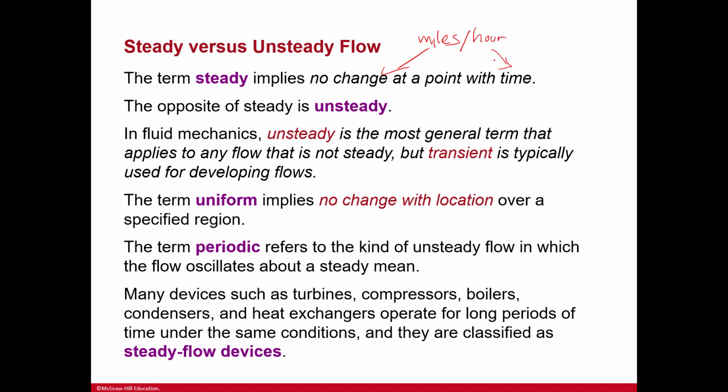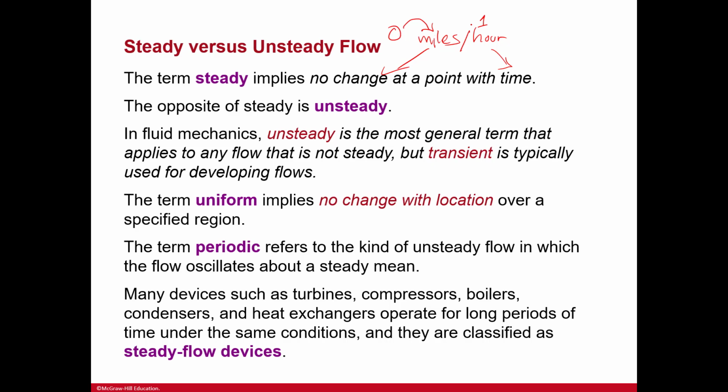If you are at 0 miles an hour, then you have no change with regard to an hour. You are going no miles per hour, which means you have no change at a given point in time. The opposite is unsteady. If you have 10 miles an hour, then you're going to have 10 miles of change given 1 hour, and that's unsteady.